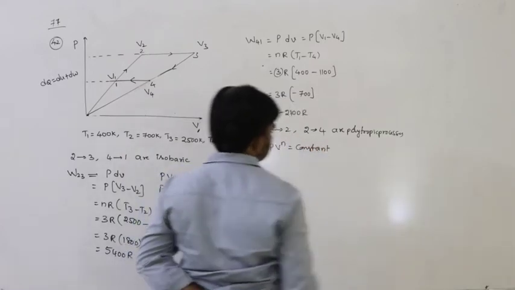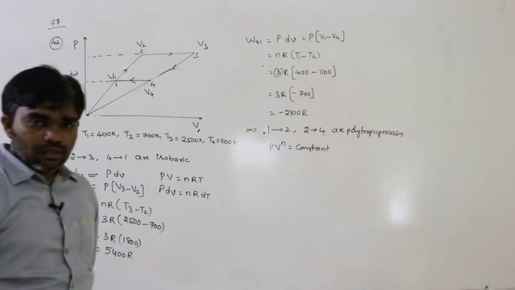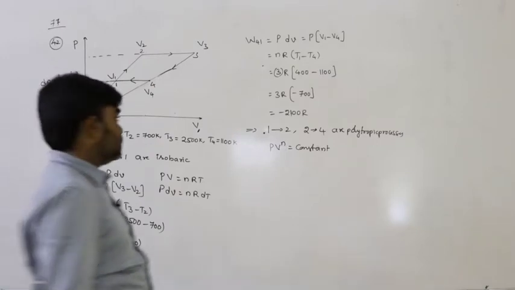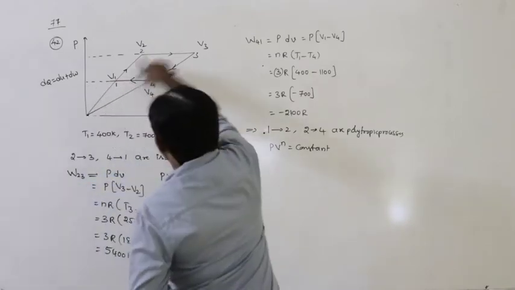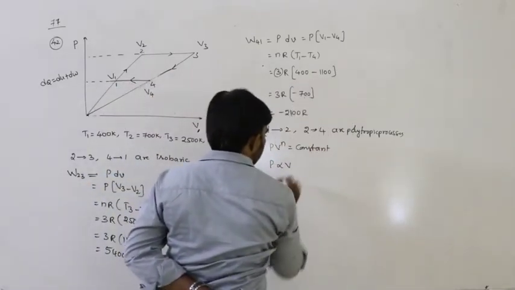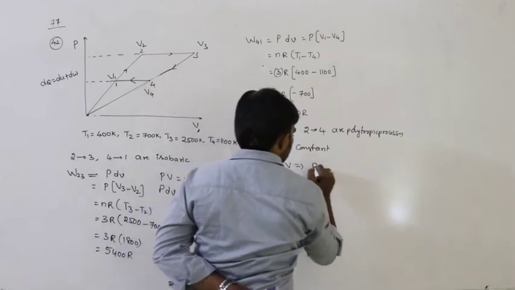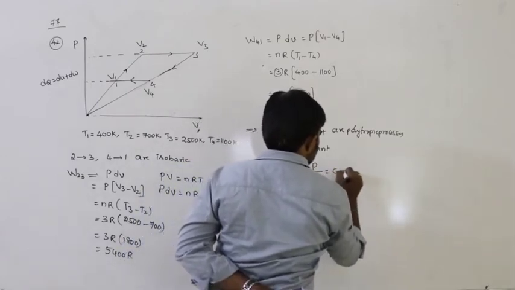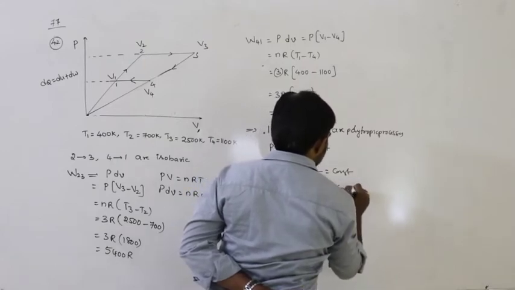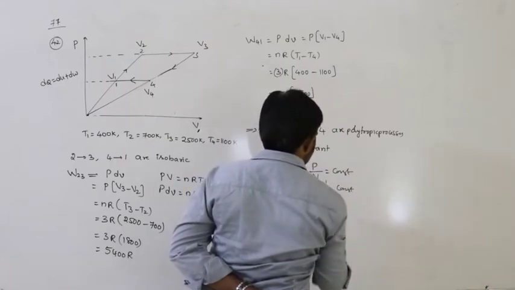So that is the condition. In case of a polytropic process, generally PV^n is equal to constant. But here this straight line passes through the origin. That means P is proportional to V. So that means P by V is equal to constant. So PV^(-1) is constant. So n is equal to minus 1.